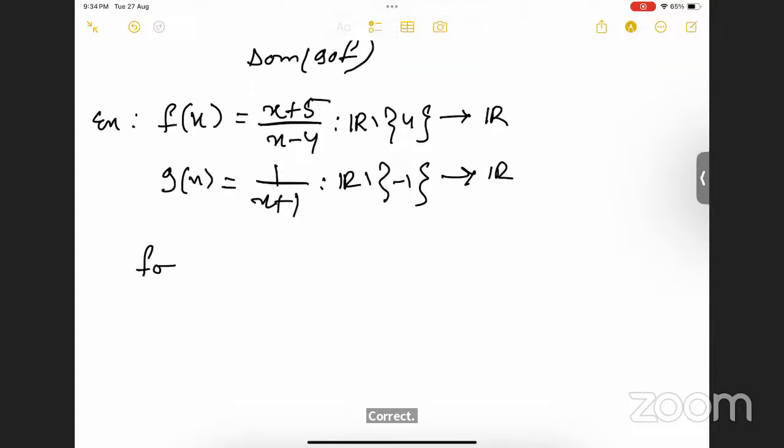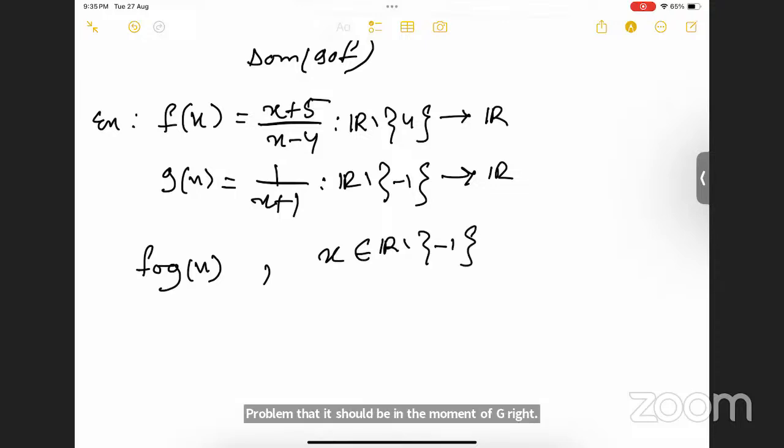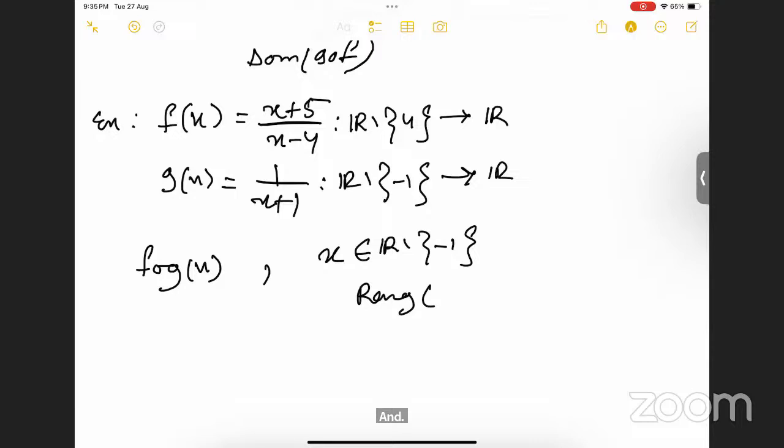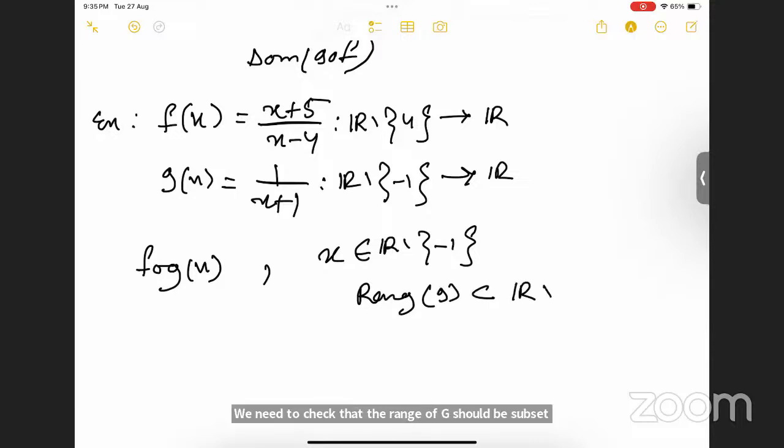So what will be the domain for f compose g of x? According to our first step, x should be in the domain of g, right? And we need to check that the range of g should be a subset of the domain of f, that means a subset of R minus 4, right?